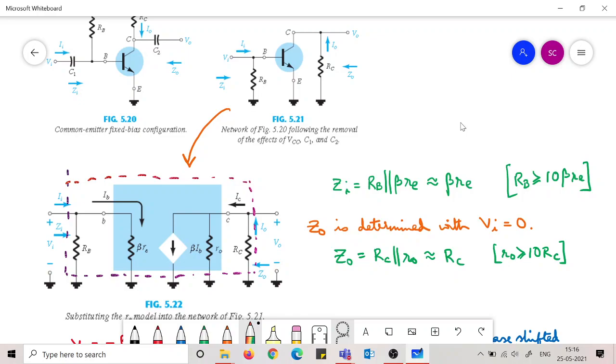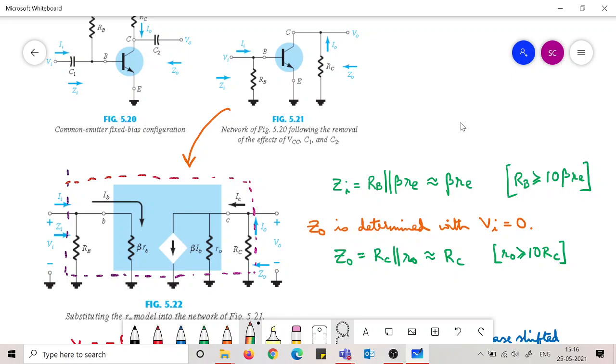Within this two-port network, there is the AC equivalent model of the transistor, with some input and output resistances, and that together forms the two-port network of the AC equivalent circuit, the entire configuration that has been set up utilizing the BJT.